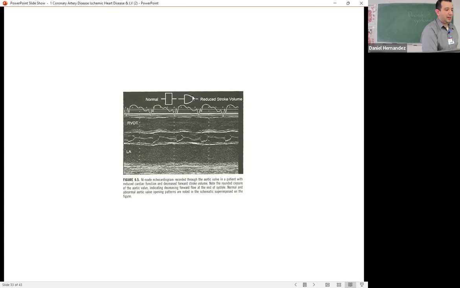And then the heart is weak, and we get a gradual tapering of the blood flow due to that poor ejection fraction and then closure. So it takes on more of a pie shape appearance. So you can see it here, you get a tapering or closure of that aortic valve.